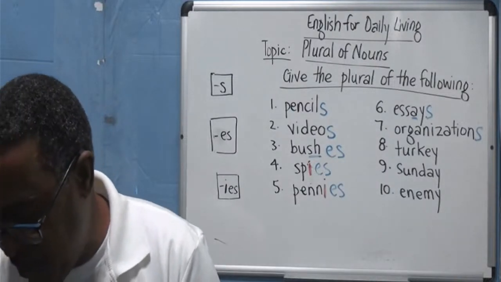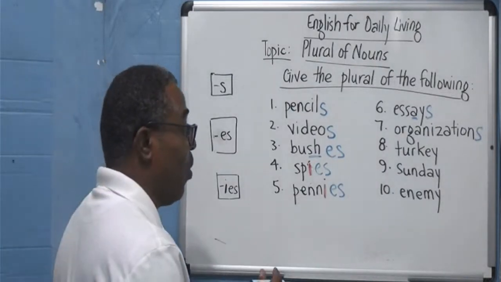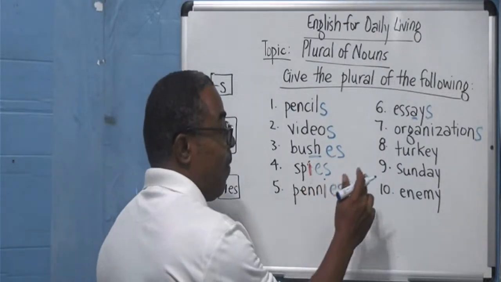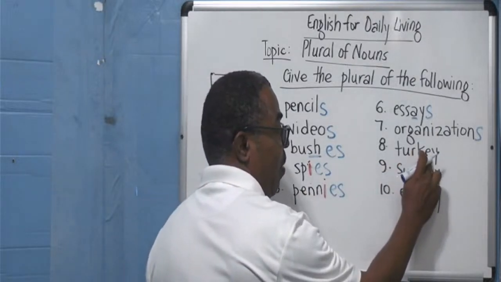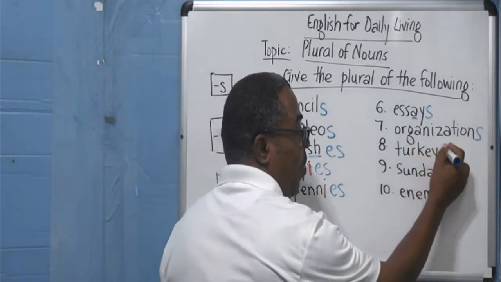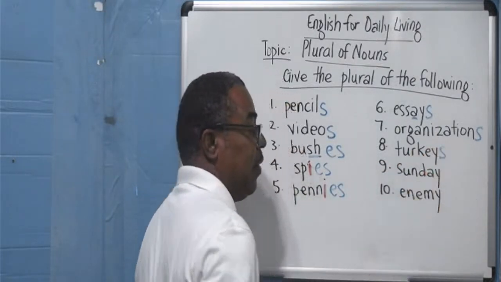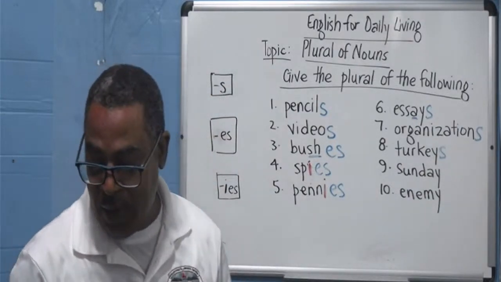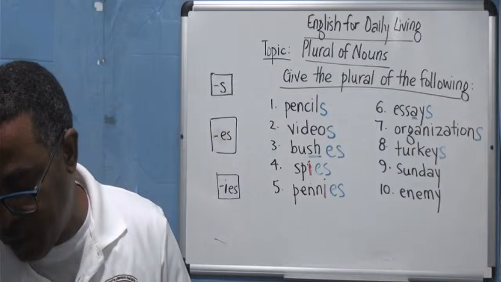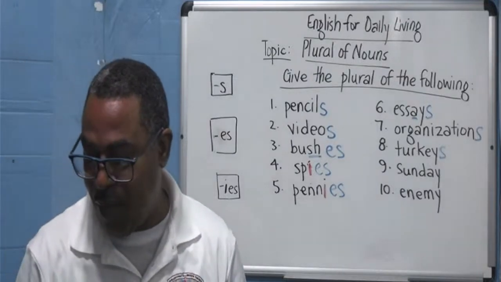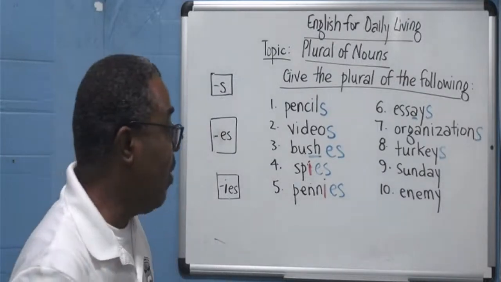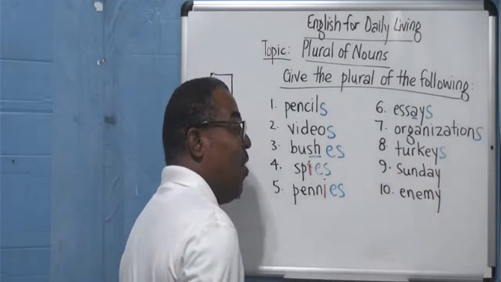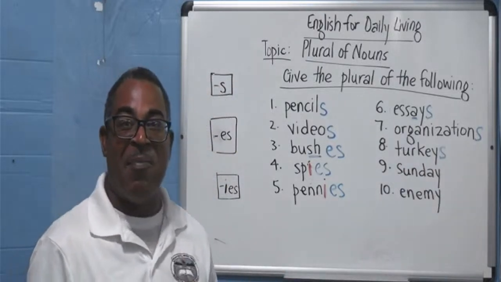Right, Turkey. Now, the thing with Turkey, even though it has a vowel here, we have to just add S, turkeys. Right, it's not like boy and toy and so on. Turkey, turkeys. If the noun is preceded by a vowel, add S. Yes, just like toys and boys. My apologies.